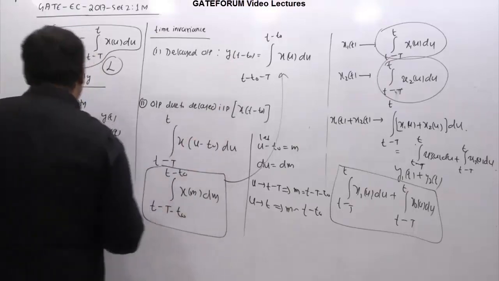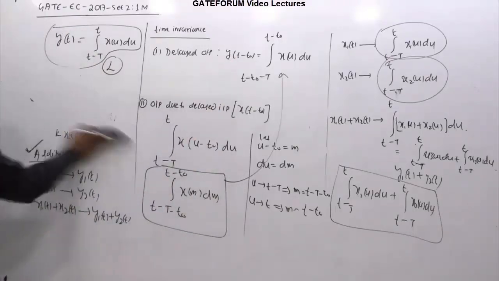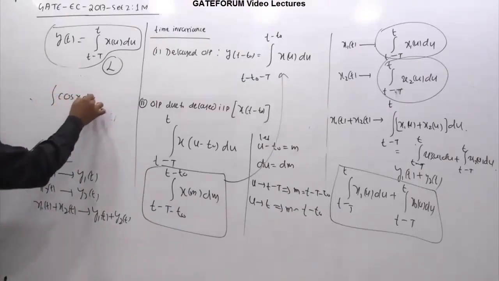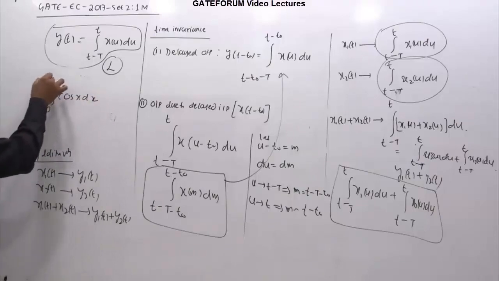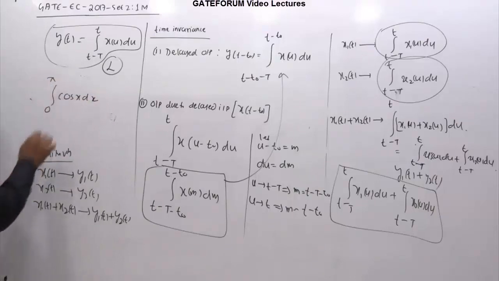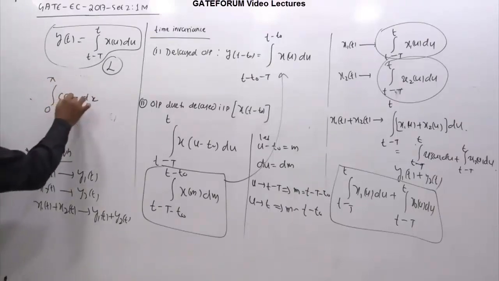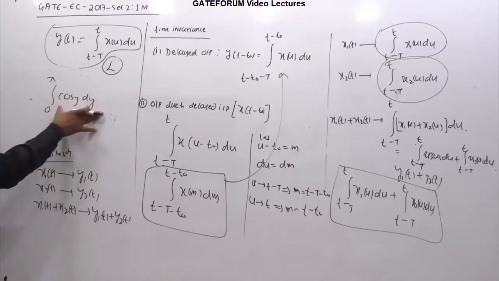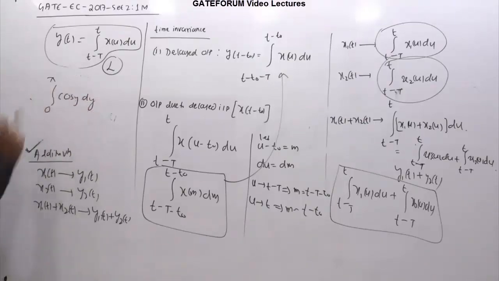If I ask you the integration of cos x dx in the limit of, let's say, 0 to pi, whatever the answer you get, if I say I want this in cos y dy or cos z dz, will the answer be same or different? The answer will be same, because whatever the expression you get might be in terms of x, y, z, but when you substitute the limits you are going to get the same outputs.